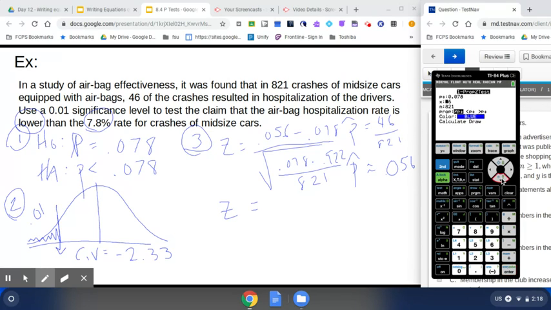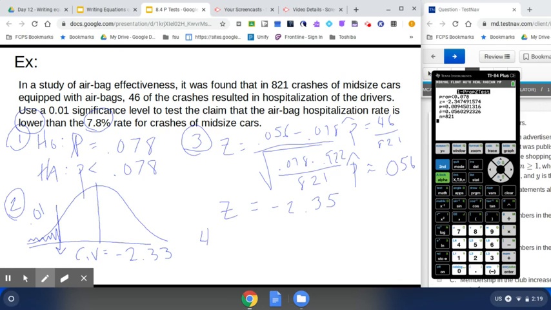And the alternative hypothesis is the less than scenario. So I'm going to highlight that less than case and calculate. The calculator is going to tell me the p-value and also the z-test statistic. So our z-test statistic is negative 2.35 if I round that to 2 decimal places. The p-value for this one is 0.0095, I guess, if I round that up.